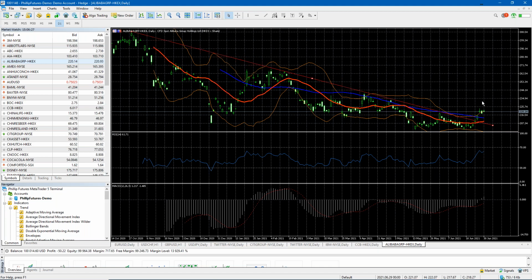It seems to have broken above a declining trend line, and RSI is not stressed. Okay, and most importantly, MACD is turning up. I can see short term, this stock is doing well, will do well.